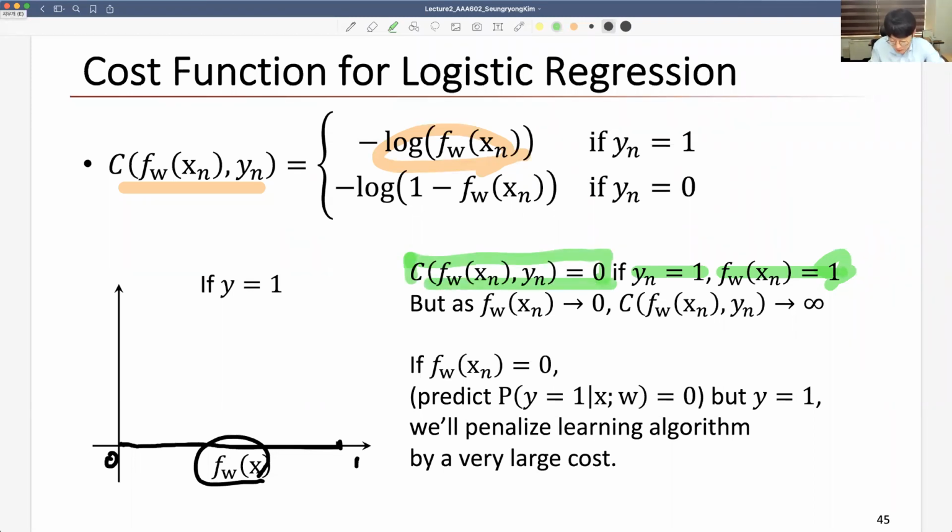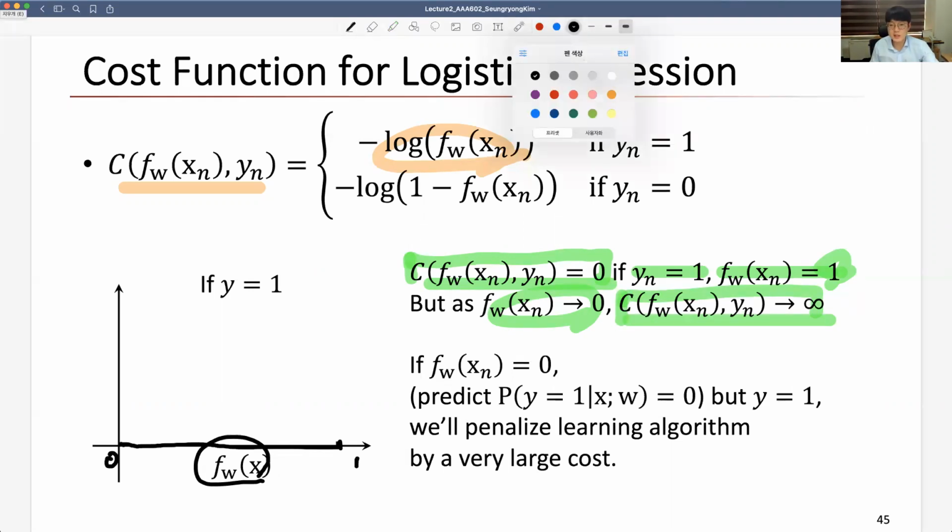In other words, if the output of the mapping function is going to 0, then the cost function should be maximum, right? So the question is which cost function satisfies this property?